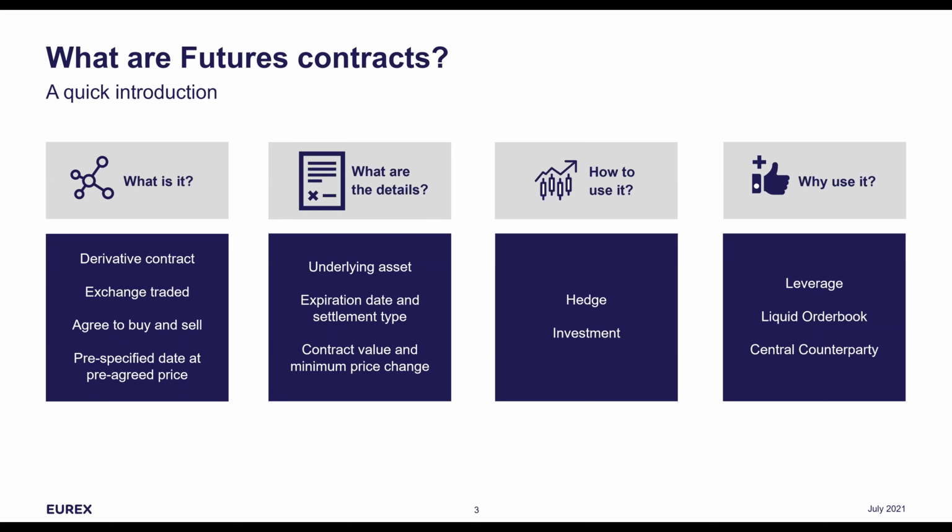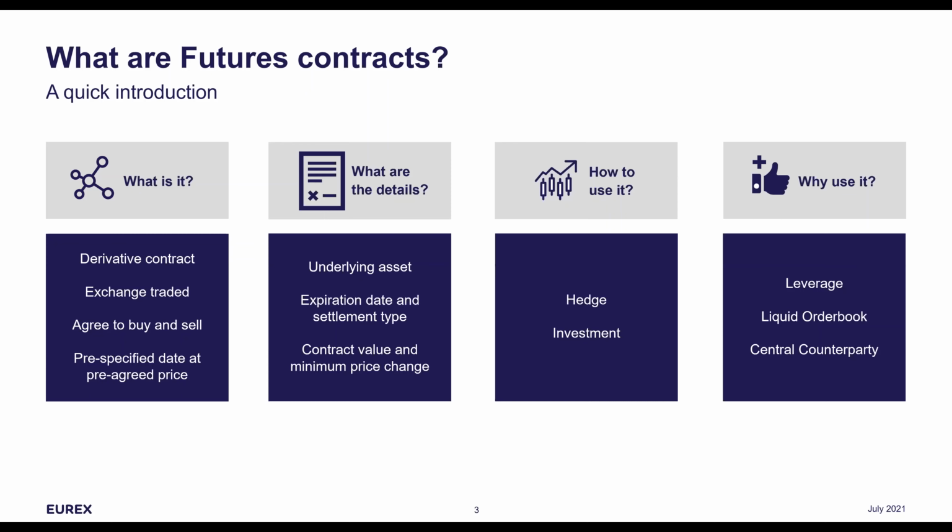At Eurex, the future contracts have, and this is the standard in the industry for financial futures, 4 expirations per year. Typically the months are March, June, September, and December. Futures expire on the 3rd Friday of the respective months. Specific to the contract as well are the contract value and the minimum price change.